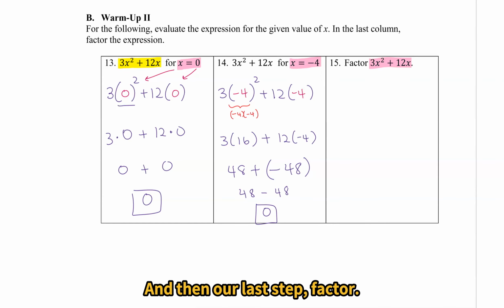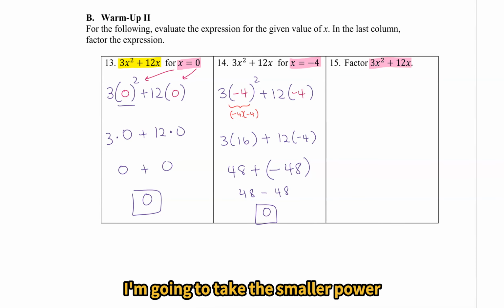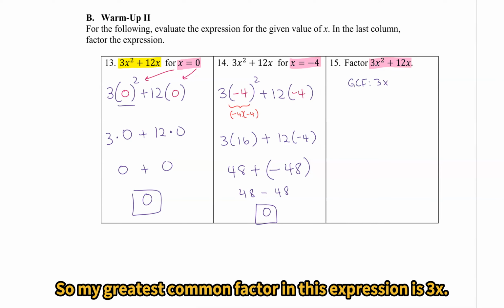Awesome. And then our last step, factor. So I see that I have an x in both terms, x squared and x, so I'm going to take the smaller power in my greatest common factor. And 3 and 12 have a common factor of 3. So my greatest common factor in this expression is 3x.